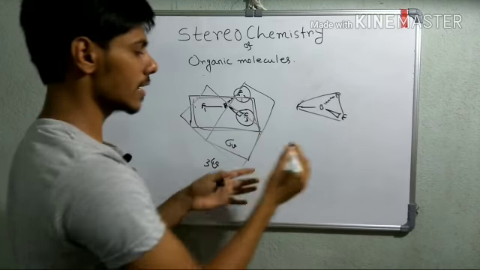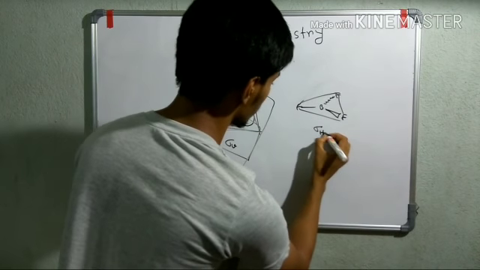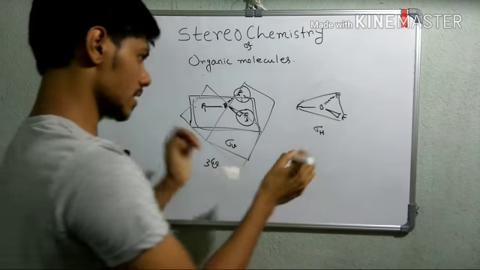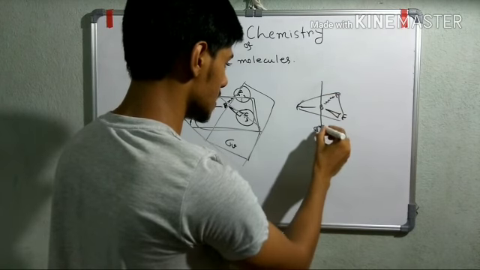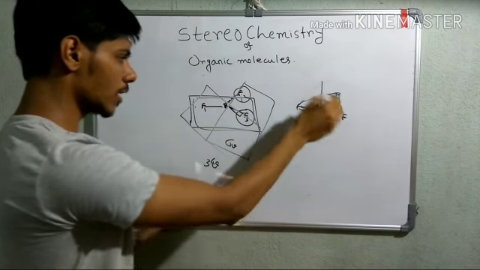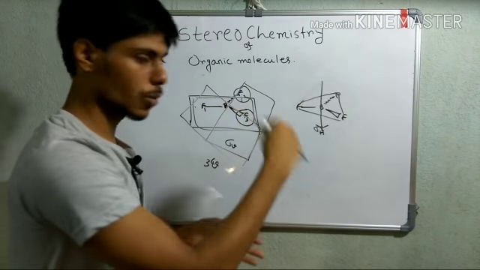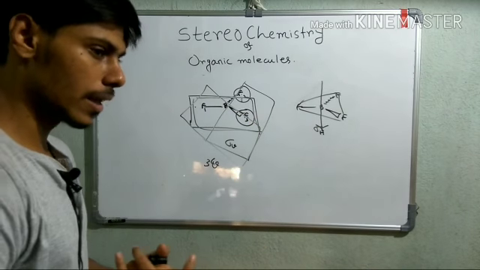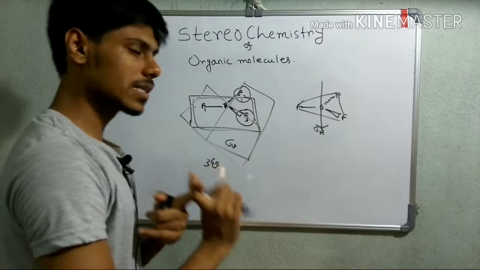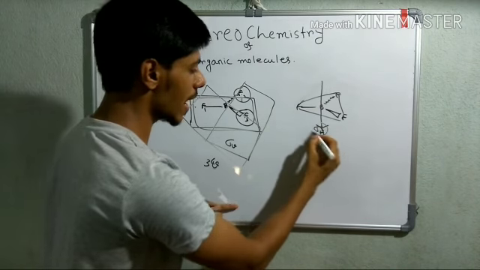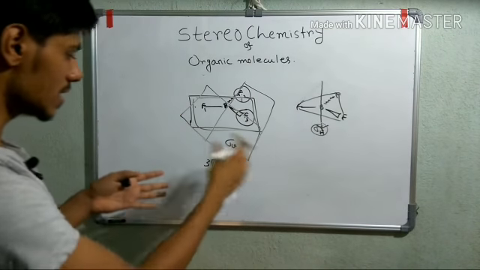So this is another plane, and this is called sigma horizontal. Why? Because you can see the principal axis is this. This molecular plane is just perpendicular to the principal axis of rotation. So whenever you have a plane which is perpendicular to the principal axis of rotation, that is called sigma h or sigma horizontal. So these are the differences.